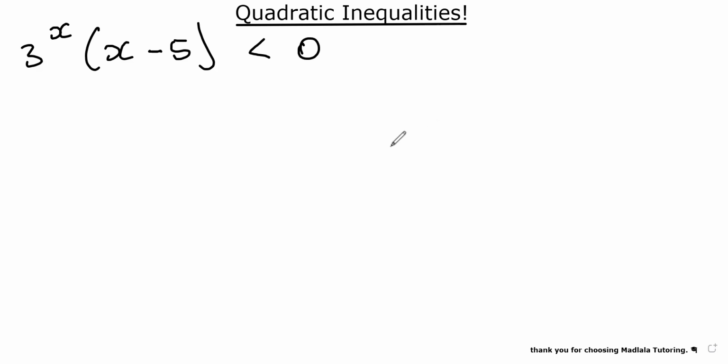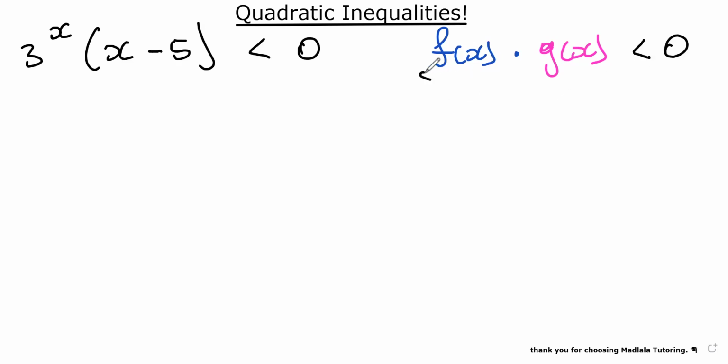Well, we need to find the values of x for which 3 to the x times x minus 5 is less than 0. But if it was a question in functions, they would have said f of x, for 3 to the x, times g of x, for x minus 5. And then they say this is less than 0.